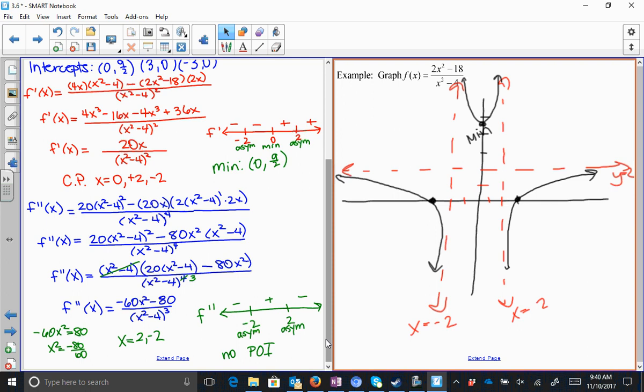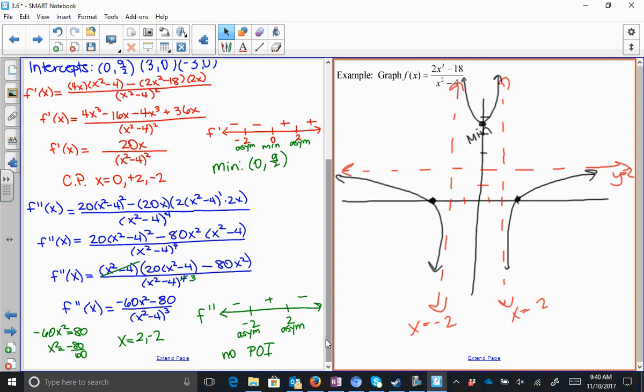Most important, your work has to match your graph. Some of you know what these graphs are going to look like, or roughly what they're going to look like without the calculus. The calculus gives us exact information on where we have those points of inflection and those minimums and maximums. But some of you had an idea of what this could look like. If your calculus does not match your graph, you will get docked points on the quiz and test.